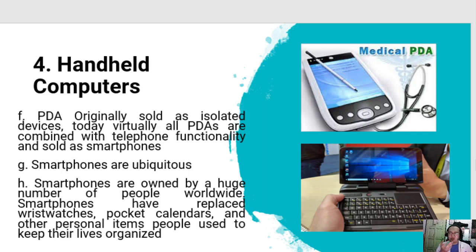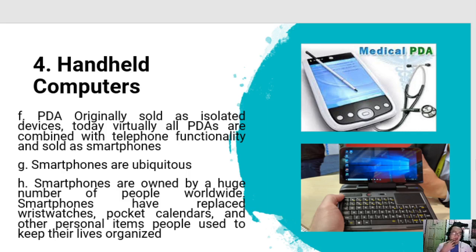Smartphones right now are very common, in all walks of life. Most households have at least one per household. Smartphones have replaced wristwatches because they have a clock, a calendar, and other personal items people use to keep their lives organized.